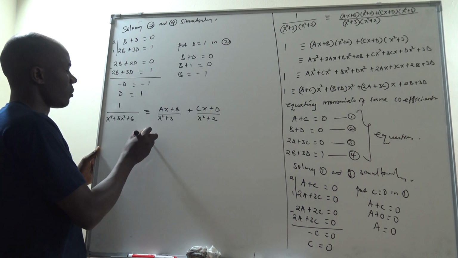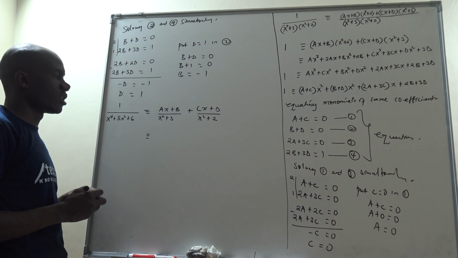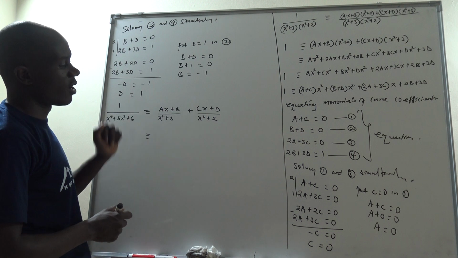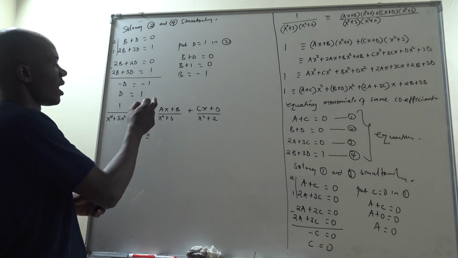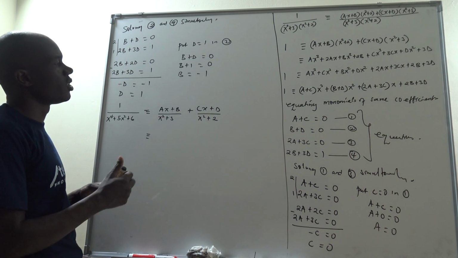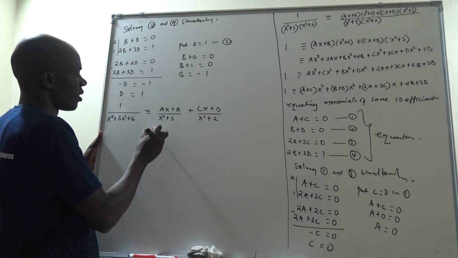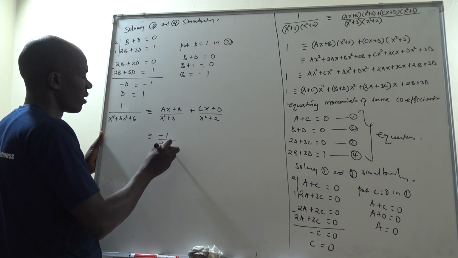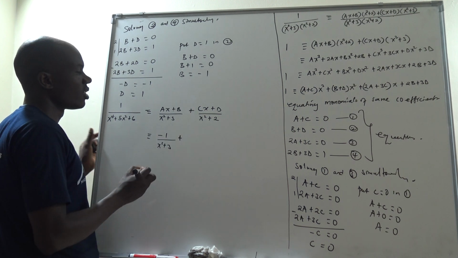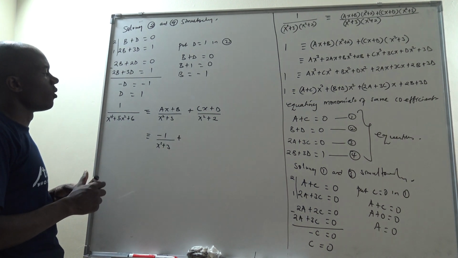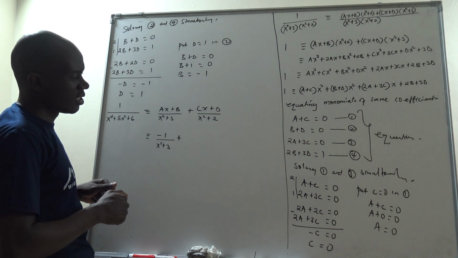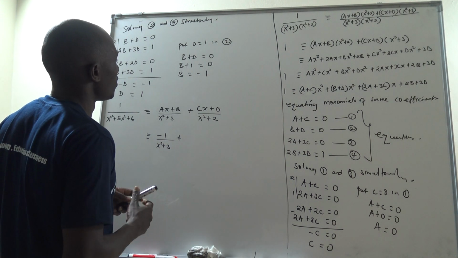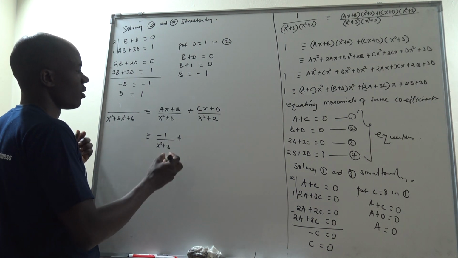Now, can we substitute in those constants which you have got? What was the value of a? a was 0. And 0 plus the value of b, which is negative 1, so we remain with negative 1 out of x squared plus 3. We come to plus. Do we know the value of c? The value of c is already 0. And 0 times x plus d, we are coming out with 1.